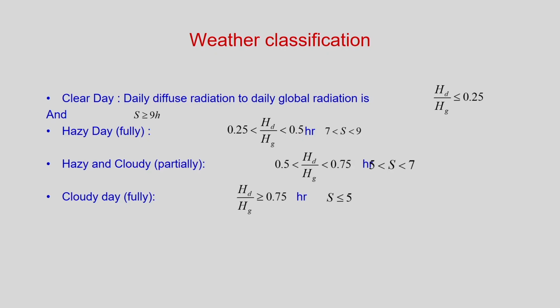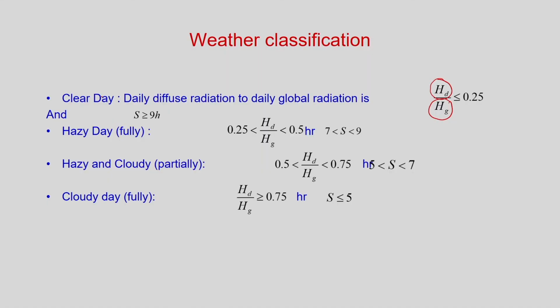So, this weather can be classified based on the percentage of diffuse radiation in global radiation. Okay. So, if we represent the diffuse radiation in a day as HD and global radiation in a day as Hg, if this ratio is less than 0.25, then we can say it is a clear day or clear sky. Okay.